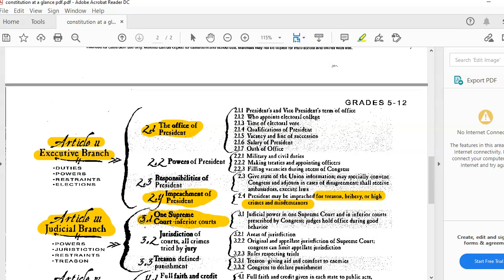So you have lower courts, but ultimately, if a case is important enough and it affects people all over the country, then it might go to the Supreme Court. So the Supreme Court is the highest court in all of the country.